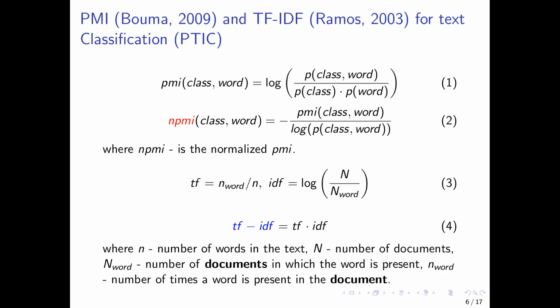Intuitively, PMI accounts for the importance of the word in the given class if the word is frequent, and TF-IDF mostly prefers words that are rare in the corpus but are very frequent in some particular documents. Therefore, TF-IDF determines the importance of the word for the particular document.